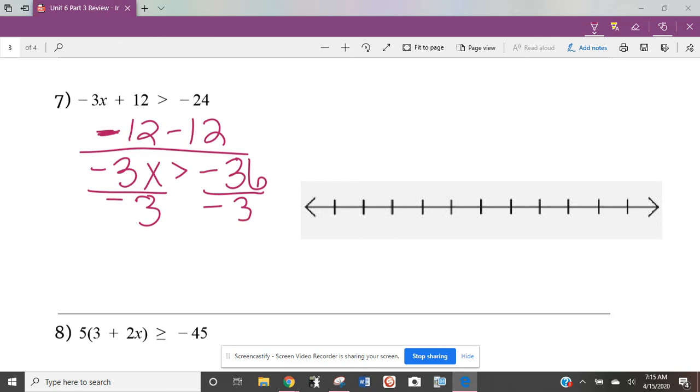So negative 3 divided by negative 3 is 1, so I just get x. Negative 36 divided by negative 3 is a positive 12. Okay, and then because we divided by a negative, we do have to reverse our symbol. So now it's going to go this way.